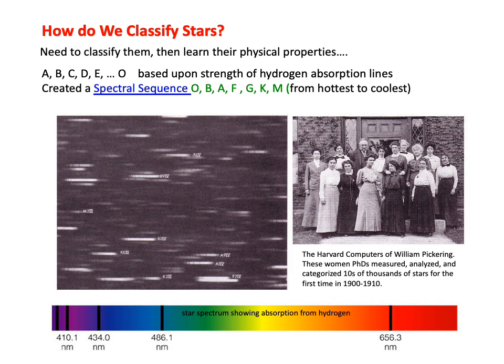Now, for a long time, nobody really knew what this meant. And then eventually it was discovered that this sequence, or the strength of the absorption lines, if you will, was giving you information about the surface temperature of the star. So they learned that this letter sequence was actually a temperature sequence.